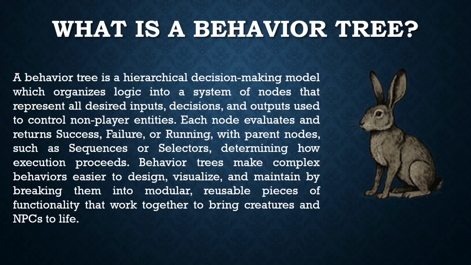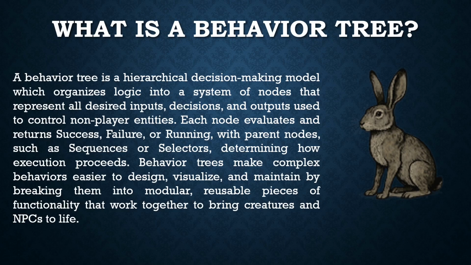So each node is its own action. It evaluates and returns a success or a fail or a running if it runs more than one game cycle or game turn. And I said that it's hierarchical. It does have parent and child nodes.